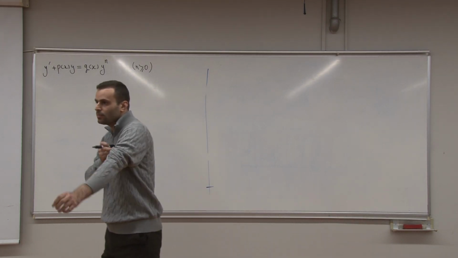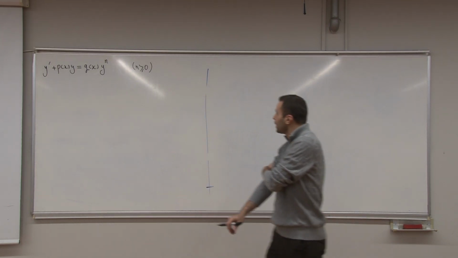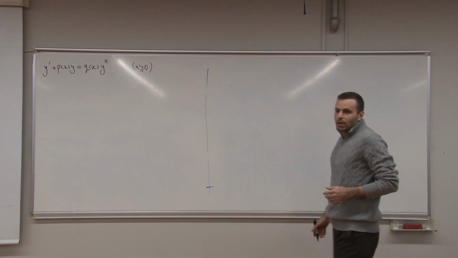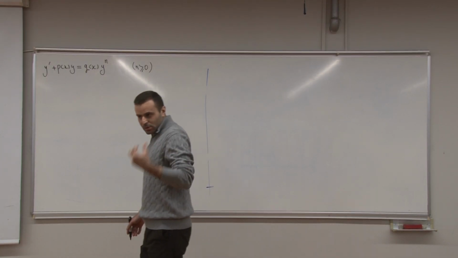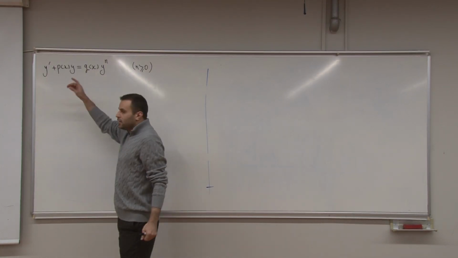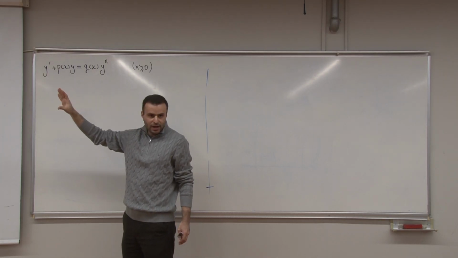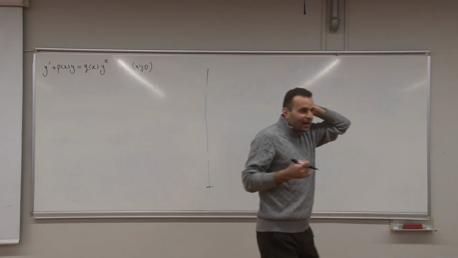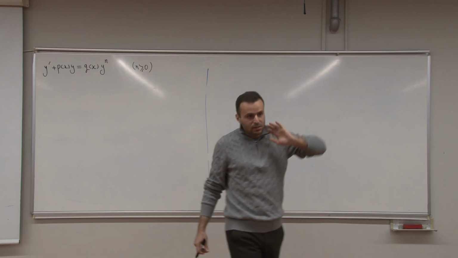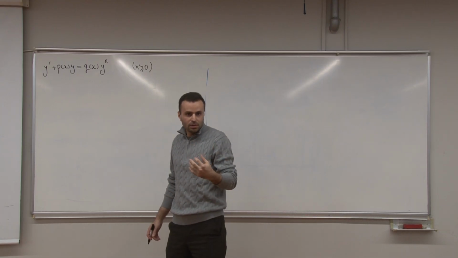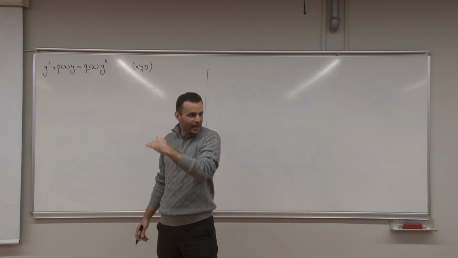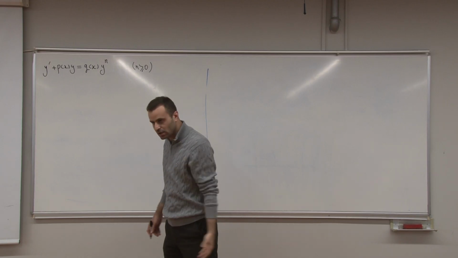Okay, let's continue. What has happened so far? We have been talking about first order differential equations, right? What we have been trying to do is make a step-by-step approach to solving first order differential equations.